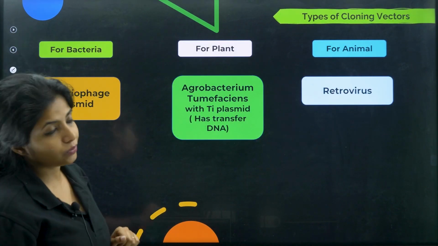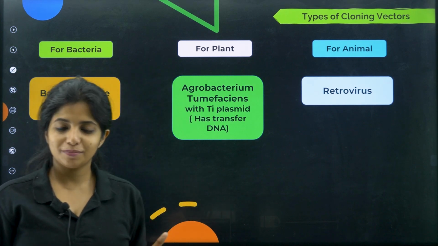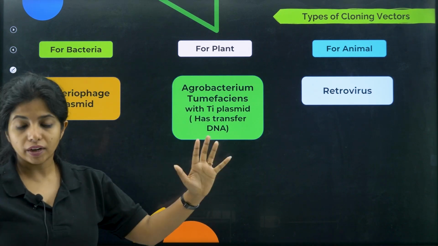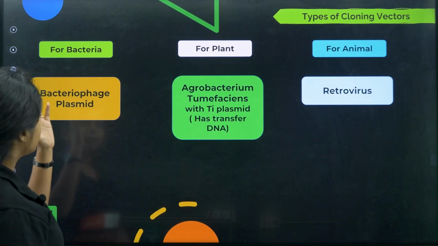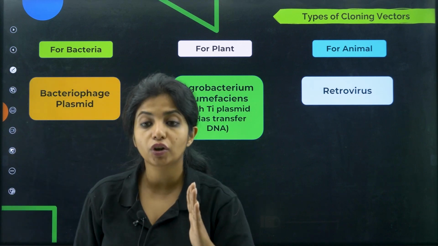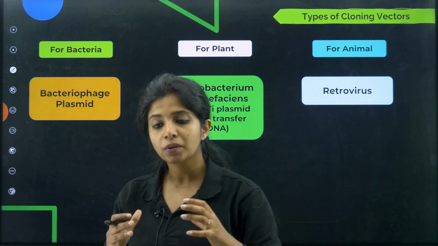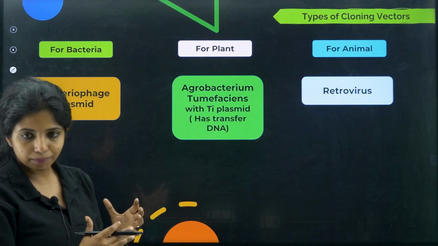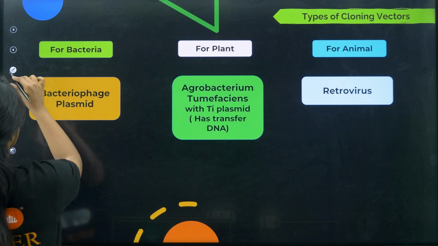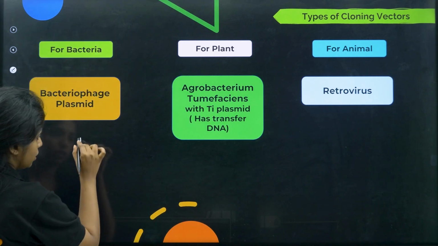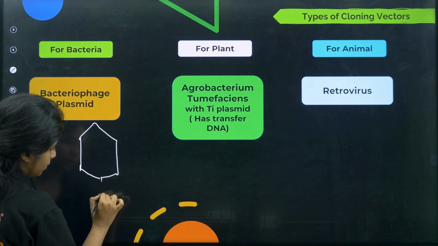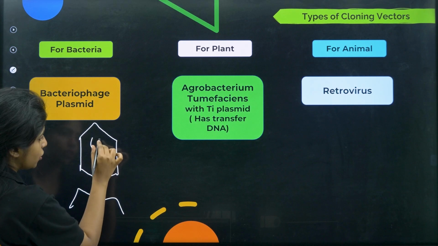So that is it. Now the types of cloning vectors, as I was talking about, you have different vectors for different organisms. For bacteria, you have bacteriophage and plasmid. I told you about bacteriophage, how it infects, right? So bacteriophage puts in its DNA. Suppose this is the bacteriophage, and it has its genetic material.